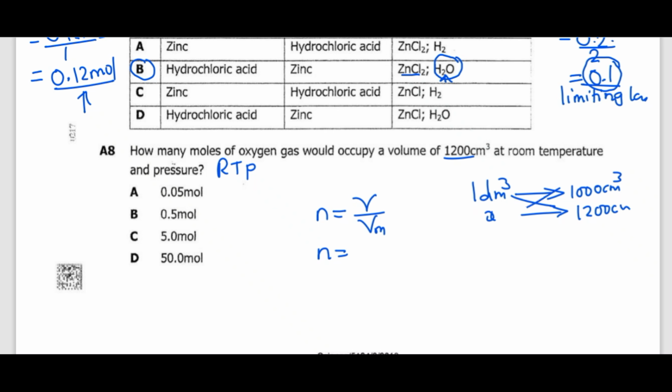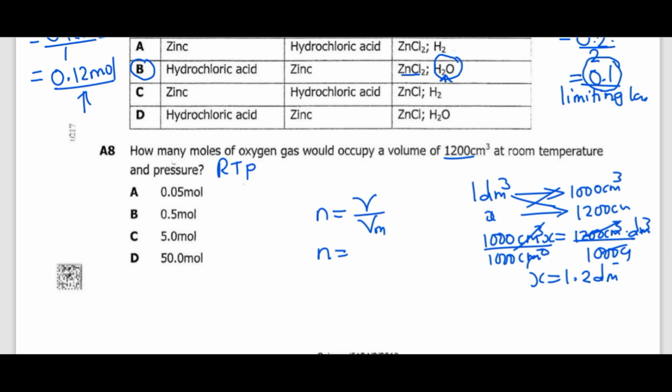Then if we cross multiply, we get 1,000 cubic centimeters times x is equal to 1,200 cubic centimeters multiplied by decimeter cubed. Then you divide by this, also here by this. So we know that our answer will be 1.2 decimeters cubed.